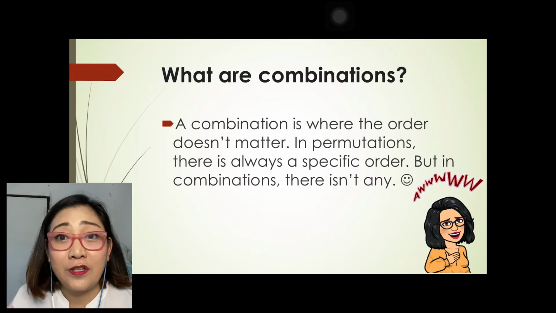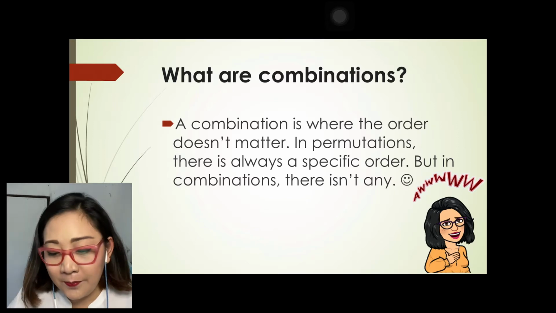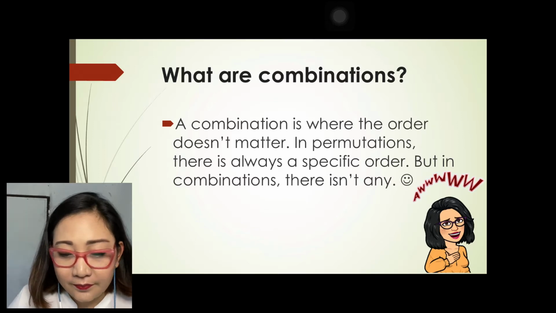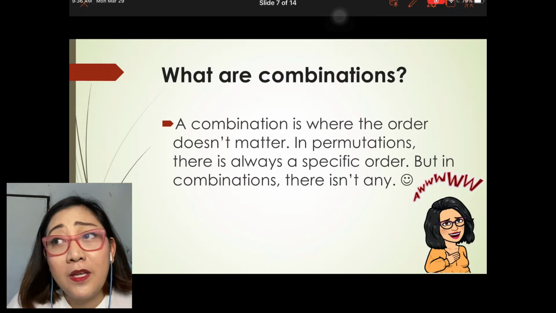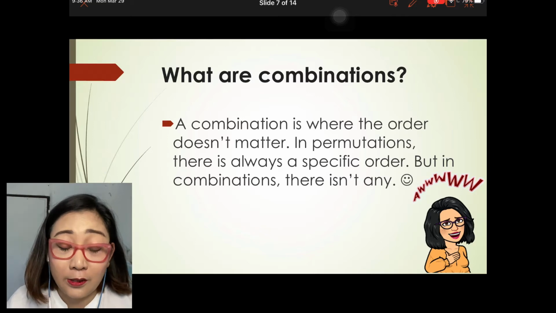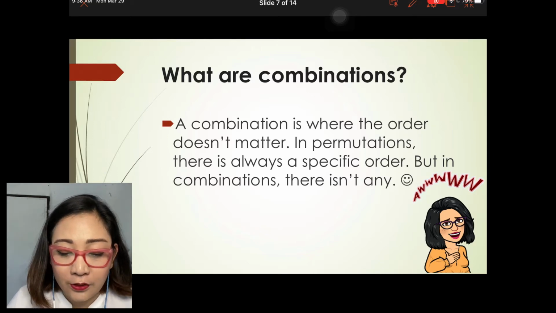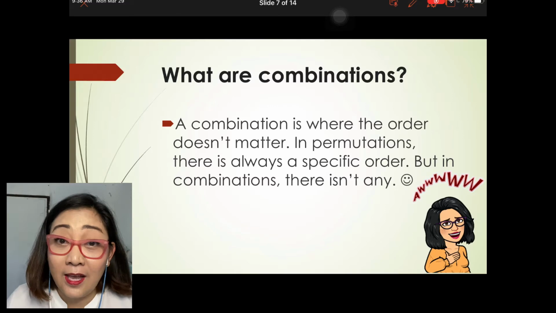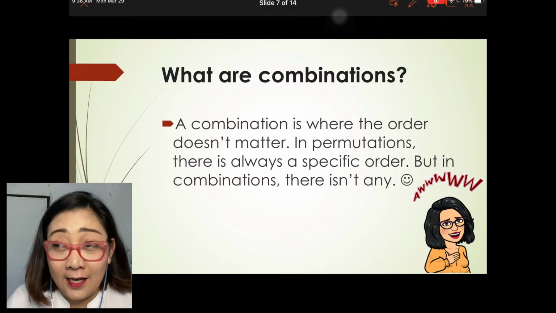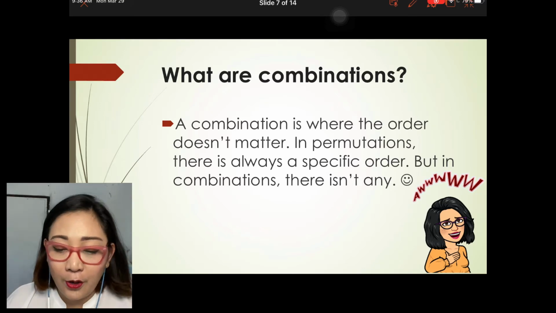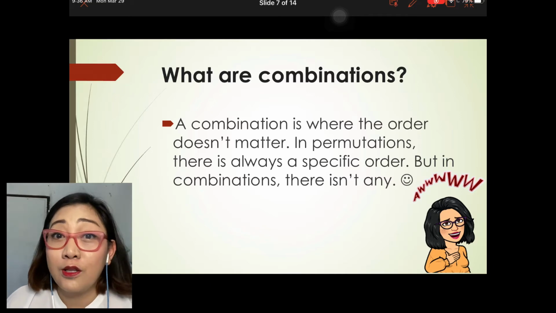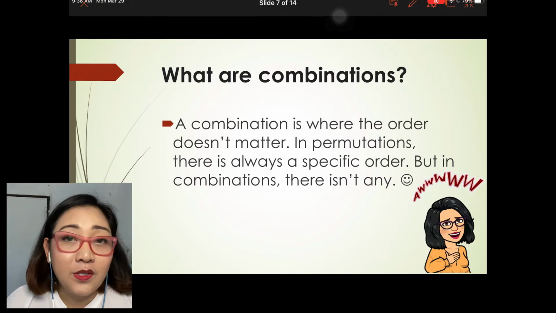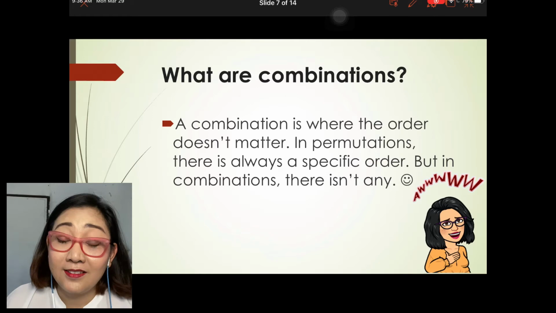Now, there's another difference between permutations and combinations. So, let's say I have 3 letters. It's L, M, O. Tapos, pipili lang ako ng dalawa out of those letters. Now, sa permutation, ang LM at saka ML ay magkaiba. Okay? They are two distinct or different items. Now, if we're going to talk about combinations, for a combination, these two are the one and the same. So, considered one item lang sila. Okay?